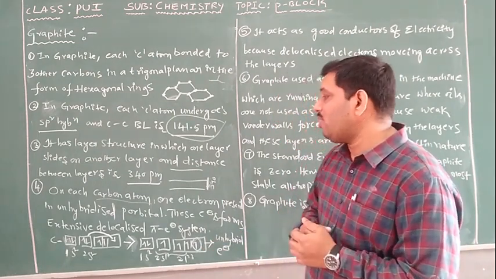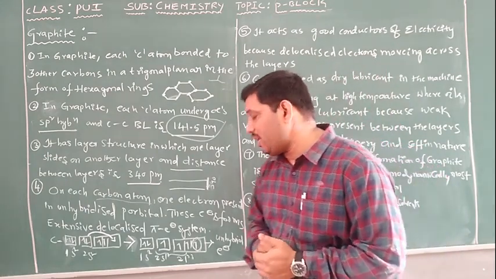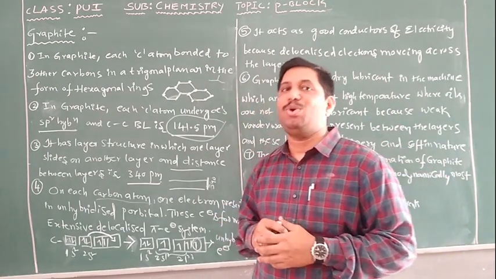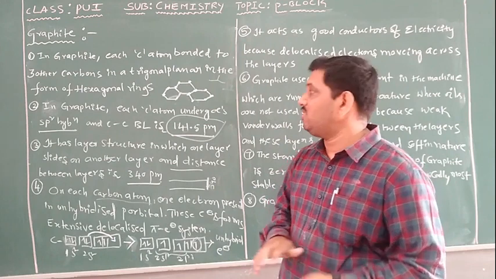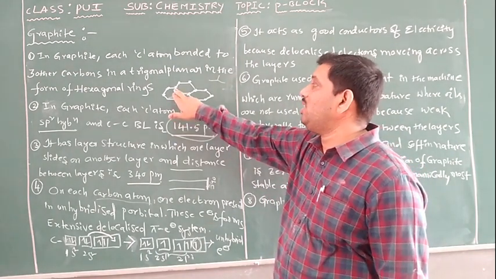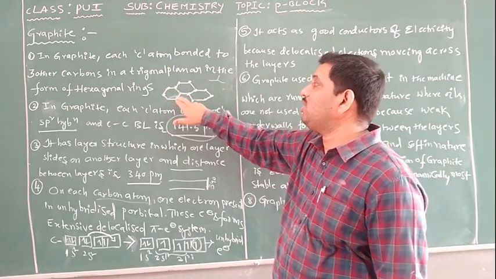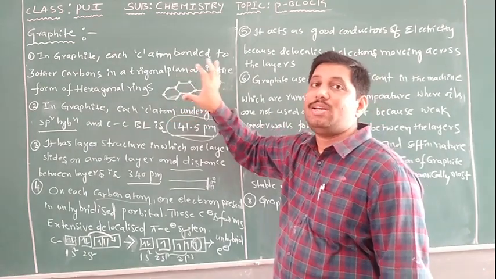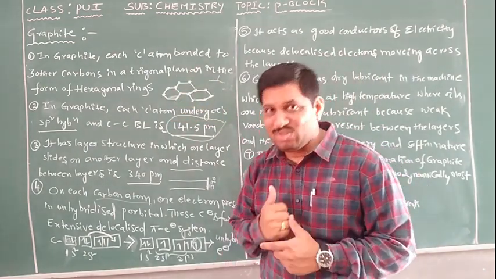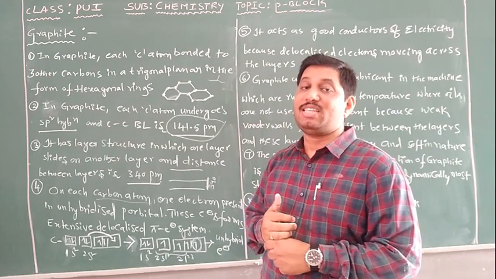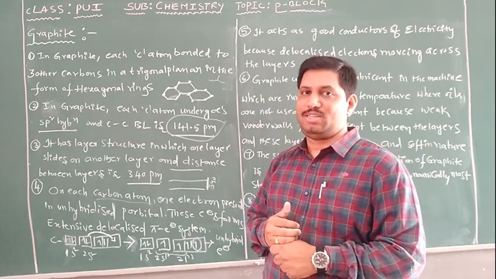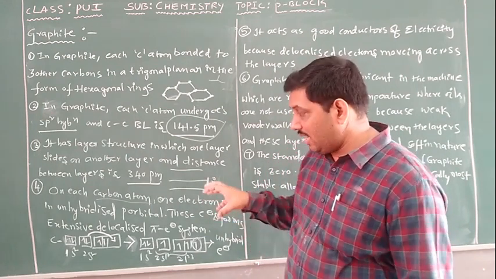These electrons form an extensive delocalized pi electron system. That is, like this each carbon atom contains one electron. They can form an extensive delocalized pi electron system. Clear, student?